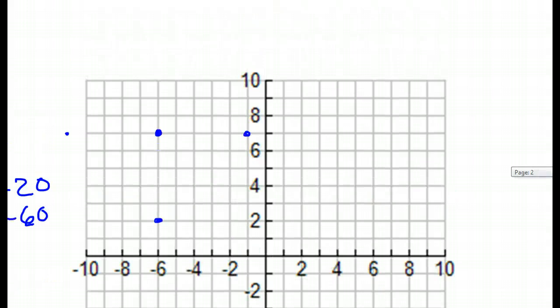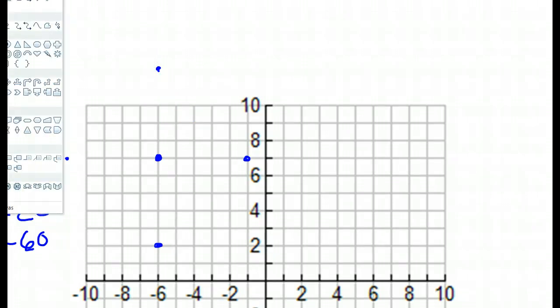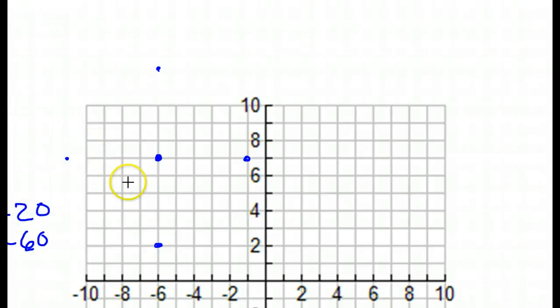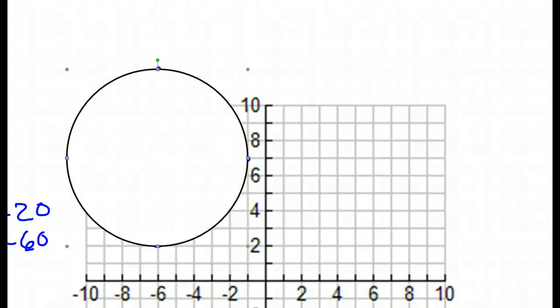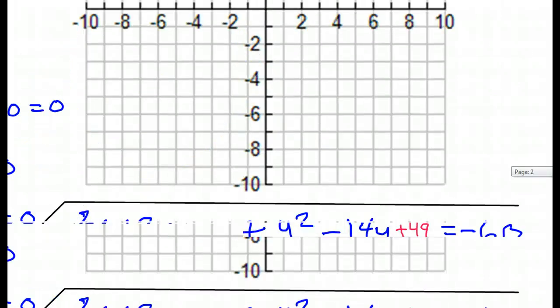Okay, 5 will be just about there. Alright, somewhere around in that area. Okay, so there is our circle. So there's our first circle.